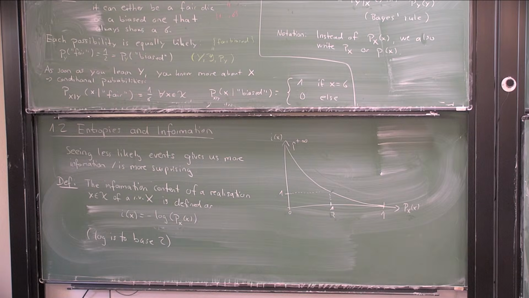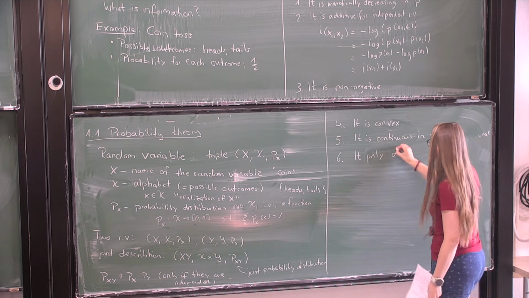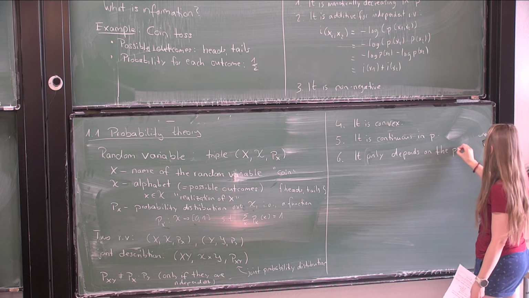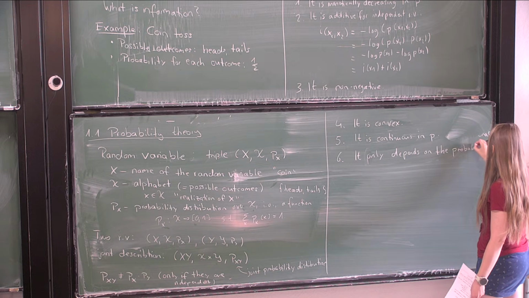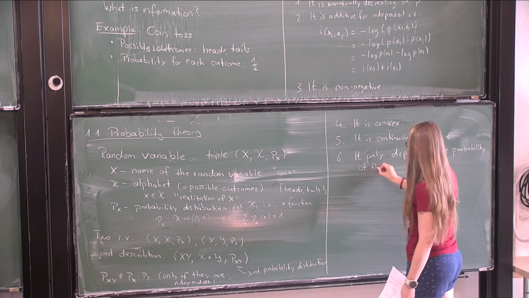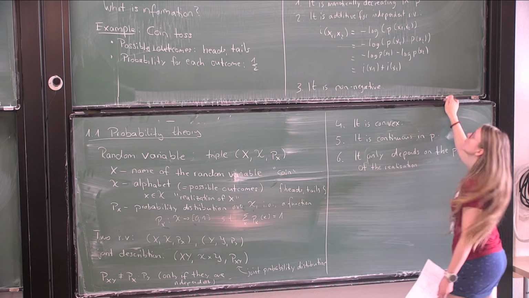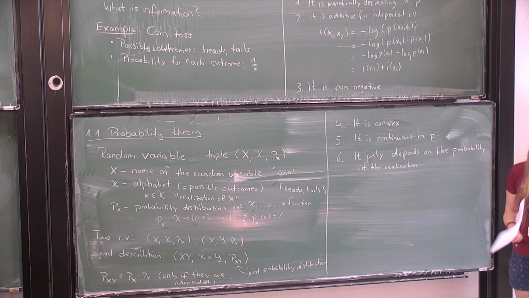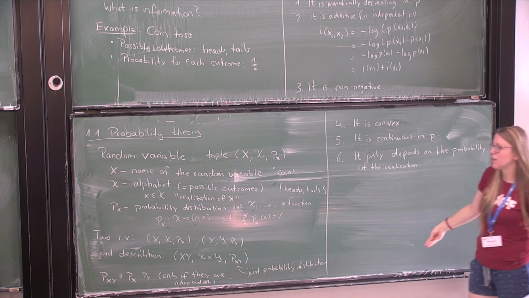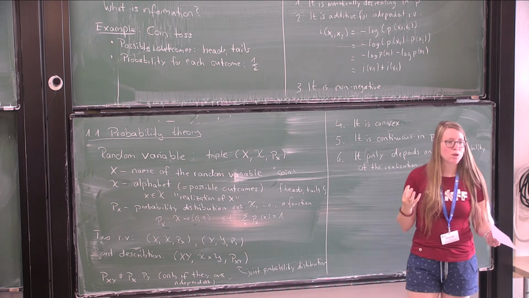And the last part is that it only depends on the probability. So these are all nice mathematical properties that show that this is a good choice of function to quantify information.